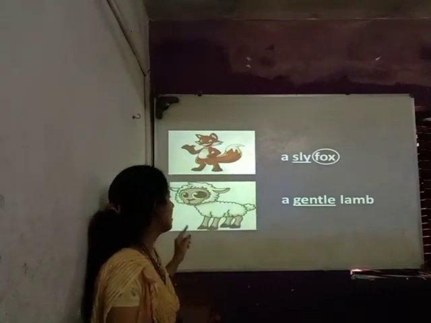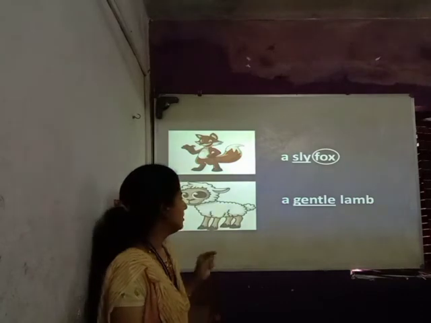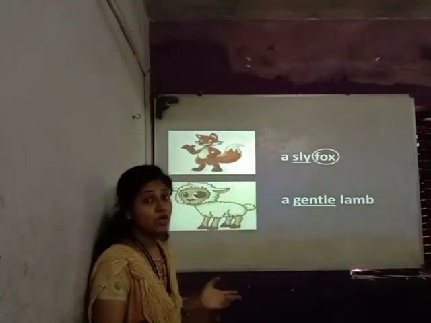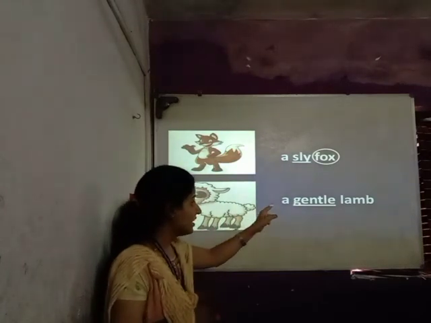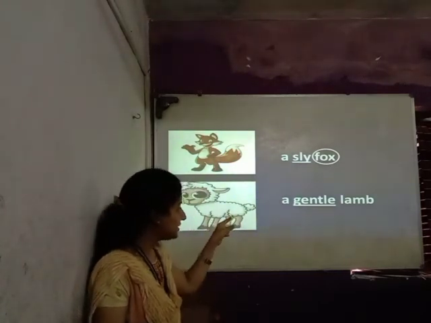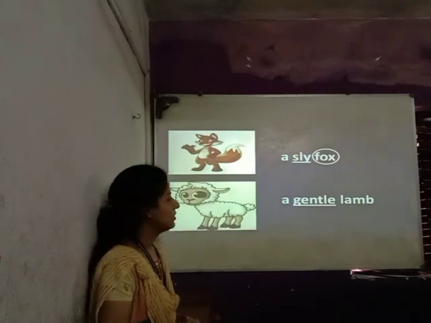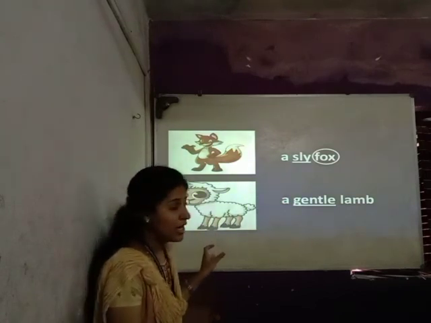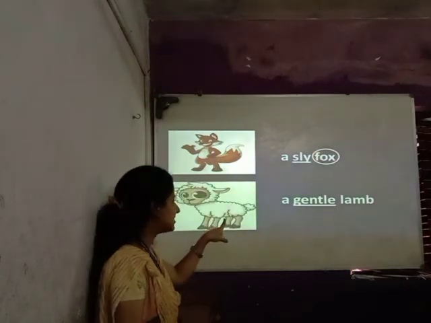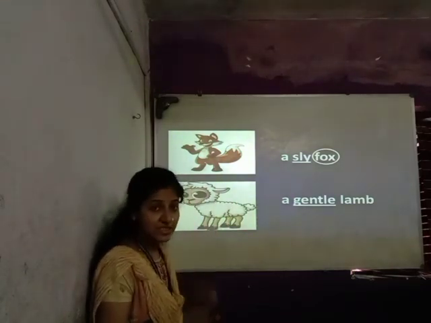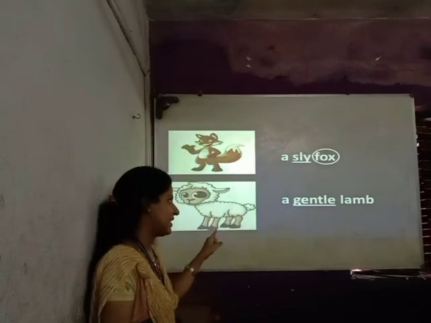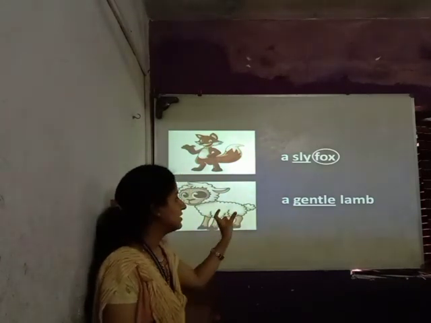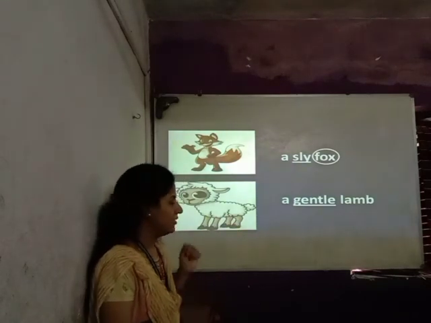Now, see the next. A gentle lamb. Here, the word gentle describes more about the naming word lamb. So, gentle is a describing word because it describes more about lamb. So, we had underlined the word gentle. Why? Because it's a describing word.